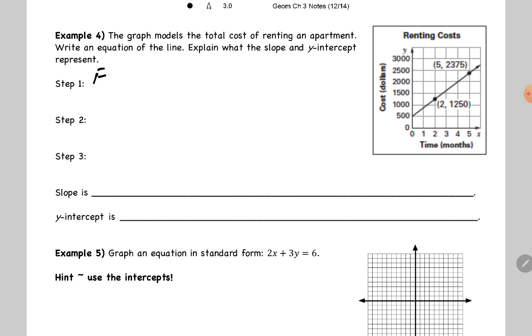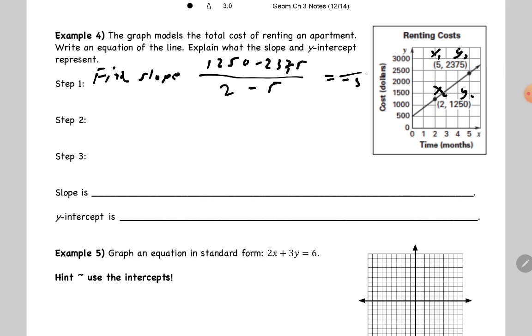So first thing, always find your slope. That's that whole y2 minus y1 over x2 minus x1. Let me label x1, y1, x2, y2. So y2 minus y1, 1250 minus 2375, over 2 minus 5.